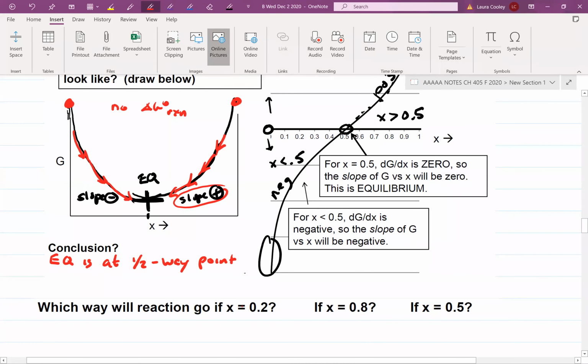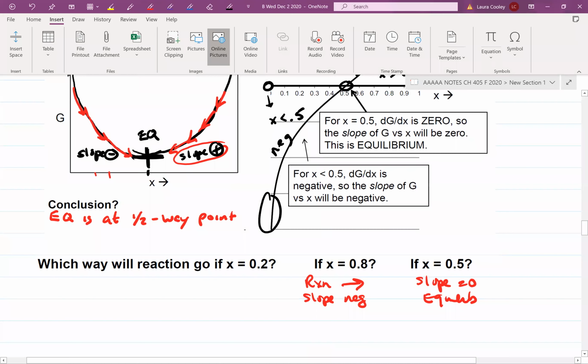So at 0.2, which would be about 0.25, the reaction is going forward. The slope is negative. If x is 0.5, the slope is equal to 0. This is equilibrium. It doesn't go either way. Oh, I should have written that next to 0.2.